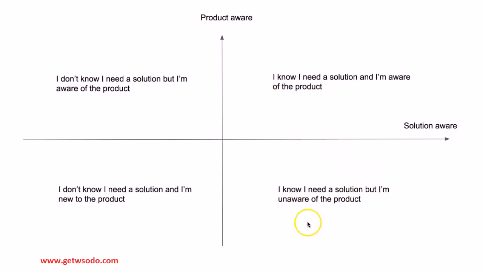Here, where they're aware they need a solution, but they're unaware of the product, then it's a bit more around product demos and bringing across a bit more of the expertise around the product. And this is a great example of our dog example here, where the dog owner might know that they need something for their dog. They don't know that there's a product out there. And then this is the hardest, where the customer doesn't necessarily think they have a problem and they've never heard of your product.